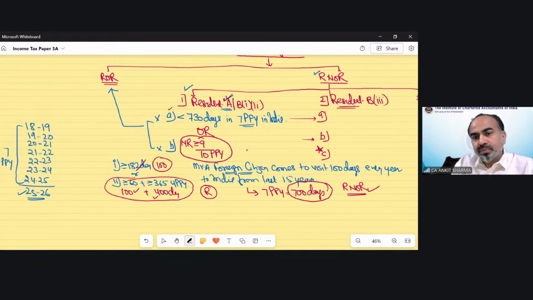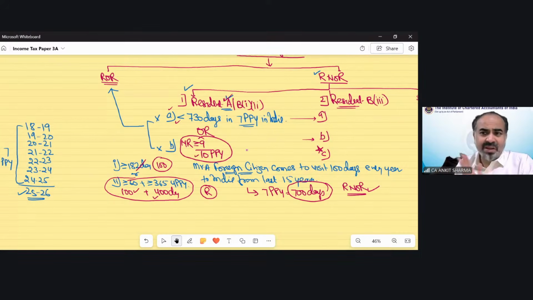So if you fulfill either condition, you are in India less than 730 days in the 7 preceding previous years. If this does not fulfill, then we have to check that the individual should have been a non-resident for at least 9 years or more, that is, 9 preceding previous years out of 10 preceding previous years.